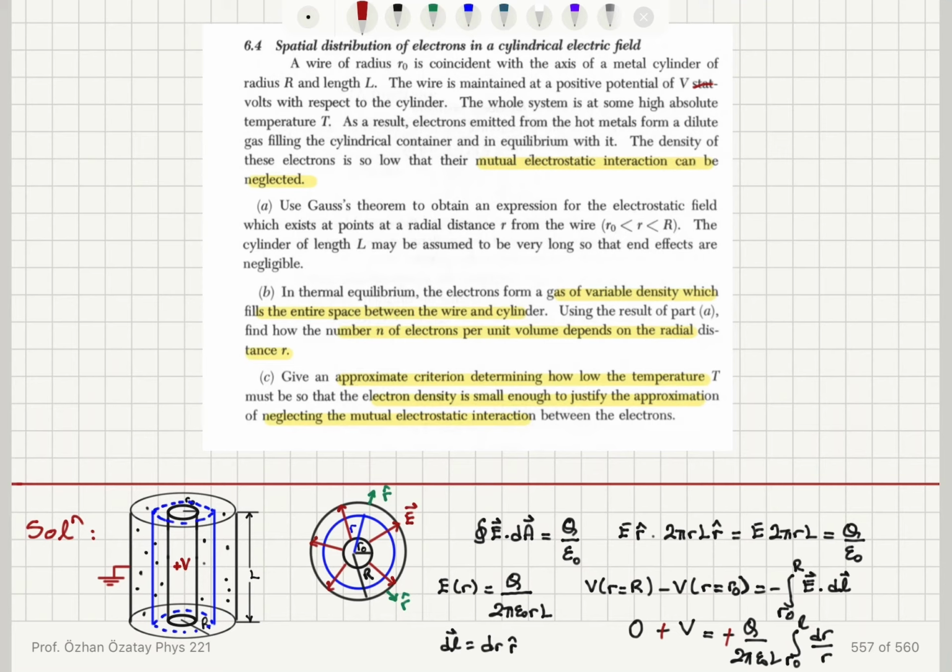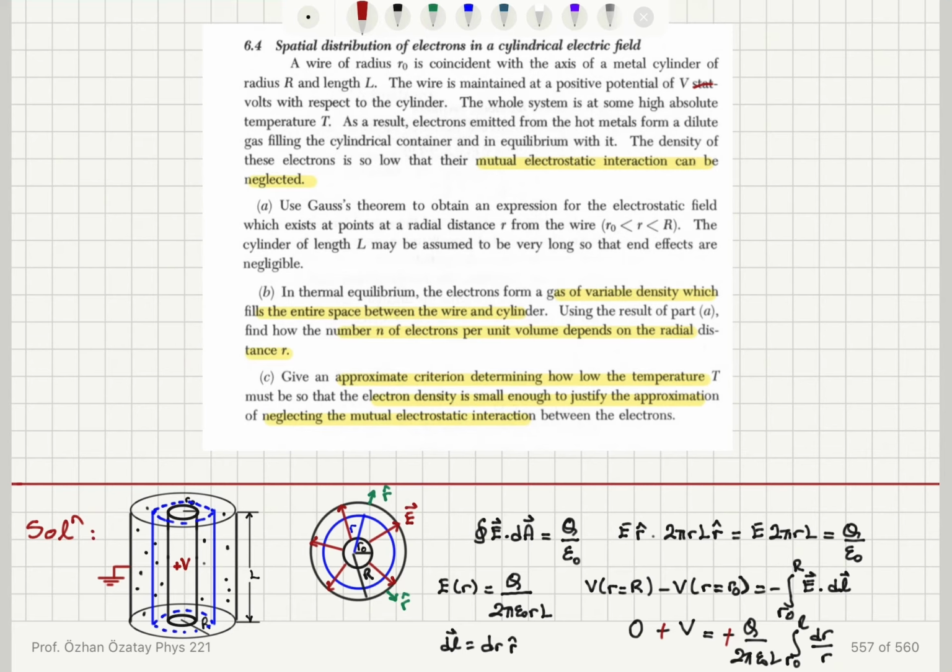The electric field is in r hat direction, and the dA vector is 2 pi r. The integral of dA gives me 2 pi r L in r hat direction. The electric field is constant at position r; it only has a radial dependence, so it comes out of the integral. This gives us E times 2 pi r L equal to q over epsilon 0.